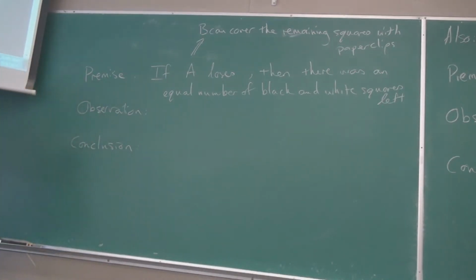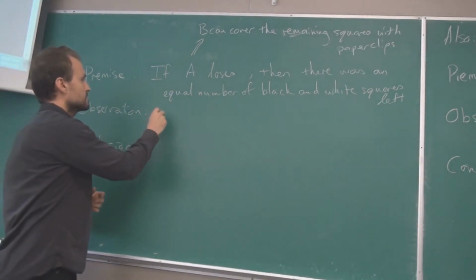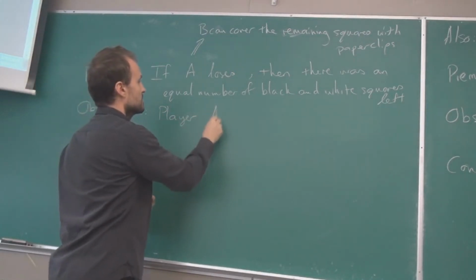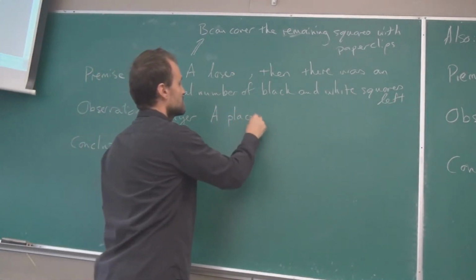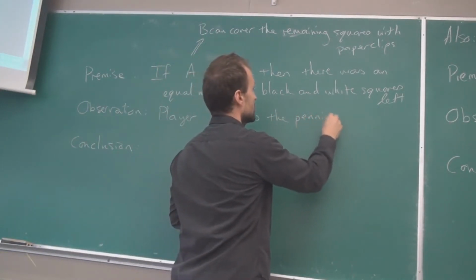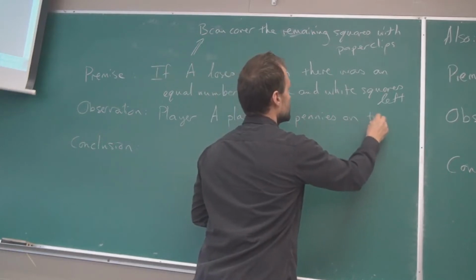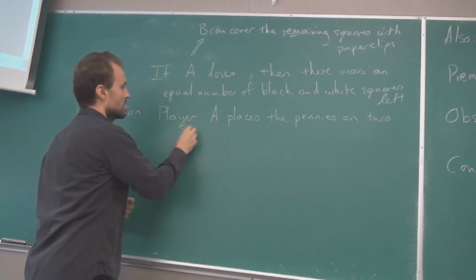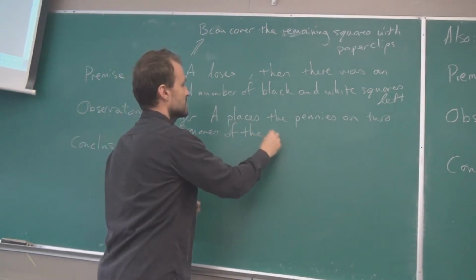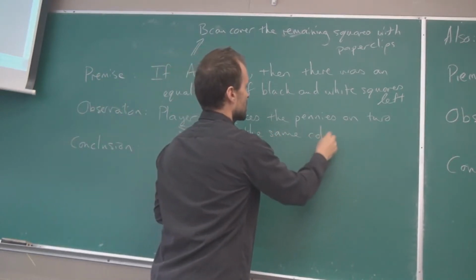Now I make an observation, like, depending on what player A does, player A places the pennies on two squares of the same color.